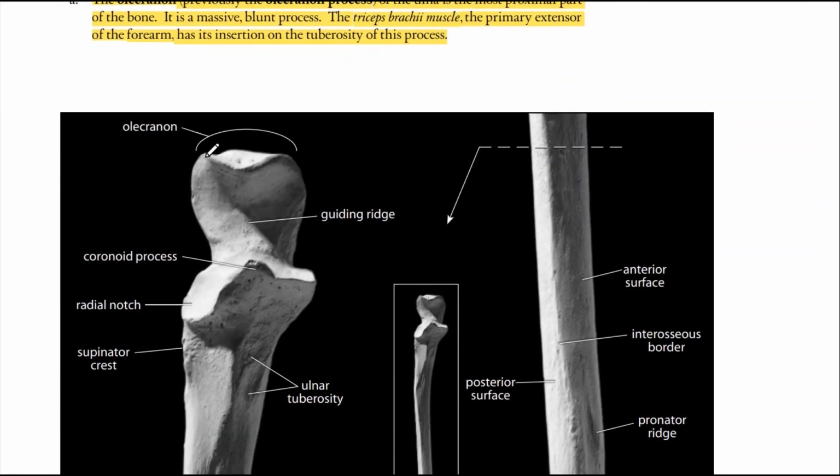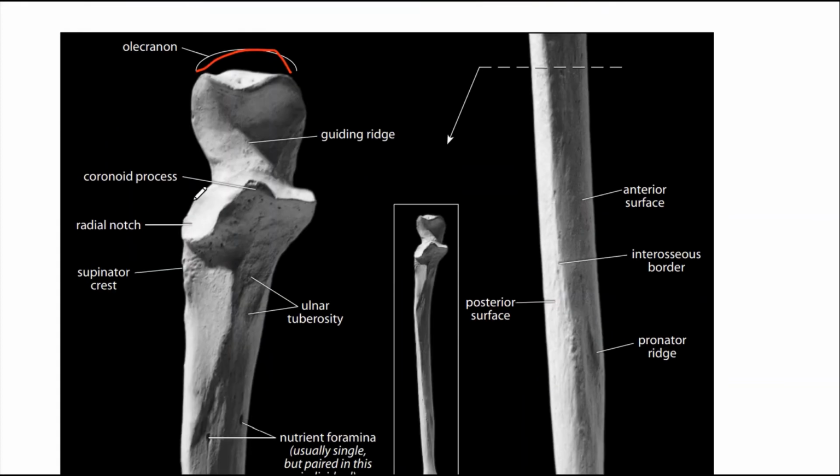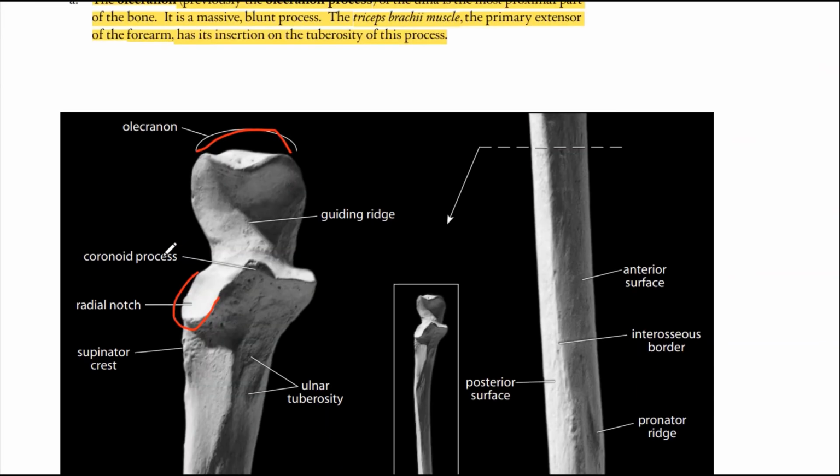The olecranon fossa, if you remember, the olecranon process of the ulna fits into the olecranon fossa of the humerus, and at the bottom of this ulnar notch, on the lateral border, we have the radial notch where the head of the radius bone fits into. It does not fit like a lock and key structure, but it sits into it.